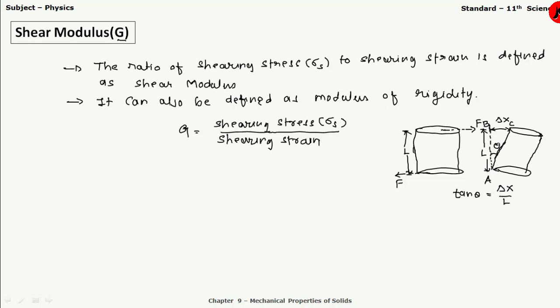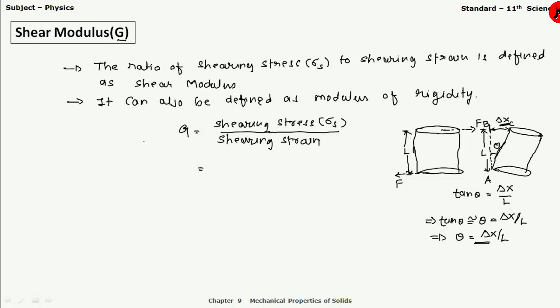And we know this displacement delta x is very small, so at that time we can consider tan theta approximately equal to theta, equal to delta x by L. So finally we have theta equal to delta x by L. Clear?